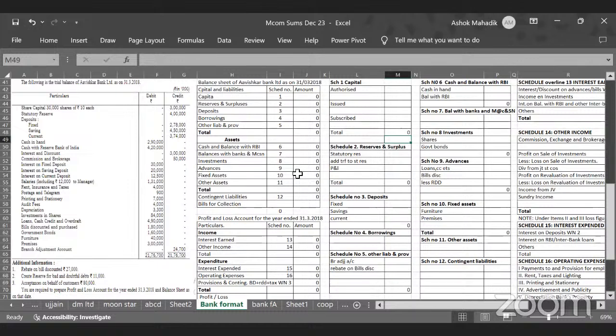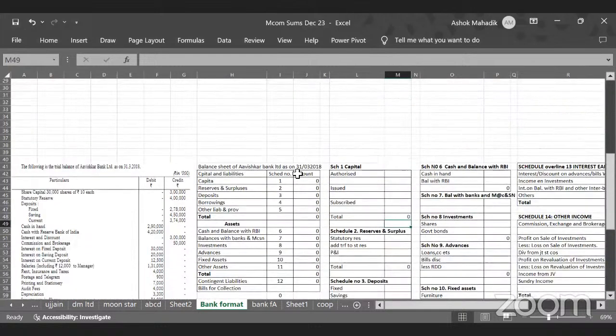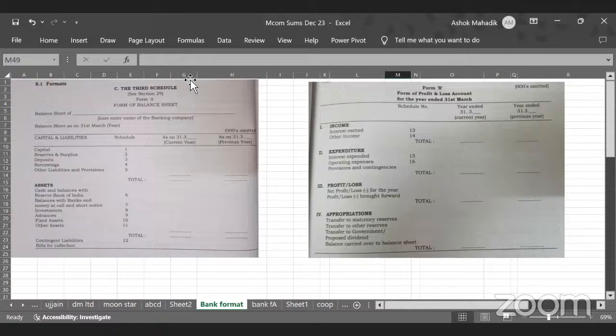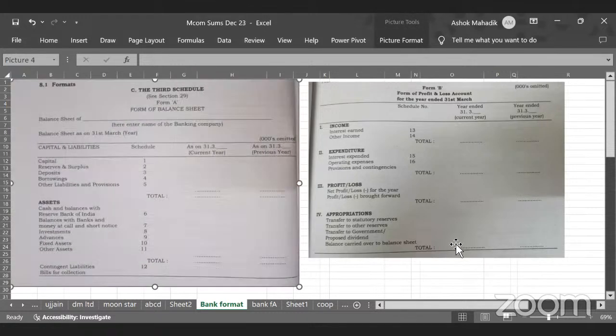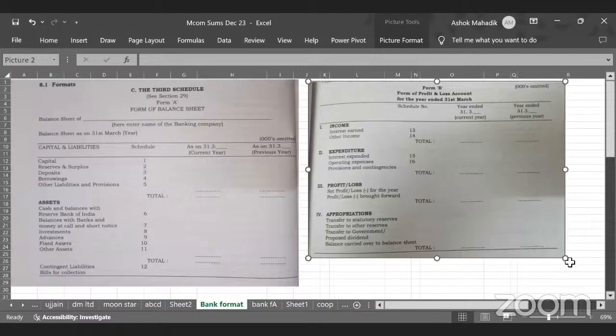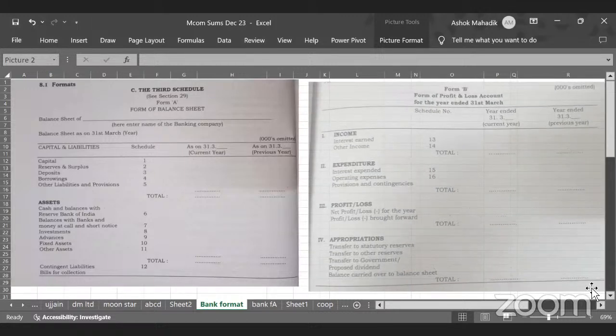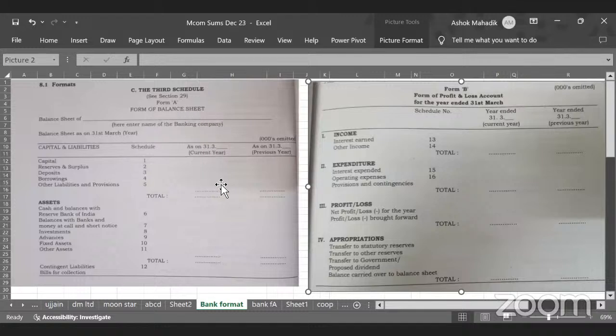Before we begin, I'll show you the format again for those who are attending for the first time. In the case of banking companies, we prepare the balance sheet in a specific format, that is Form A. We have to make schedules for each and every item: schedule 1 for capital, schedule 2 for reserves and surplus, schedule 3 for deposits, schedule 4 for borrowings, schedule 5 for other liabilities and provisions.